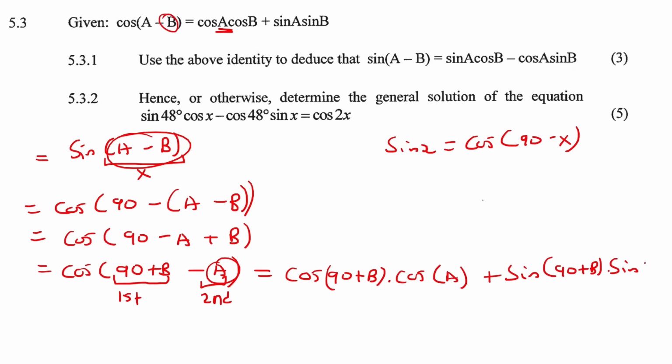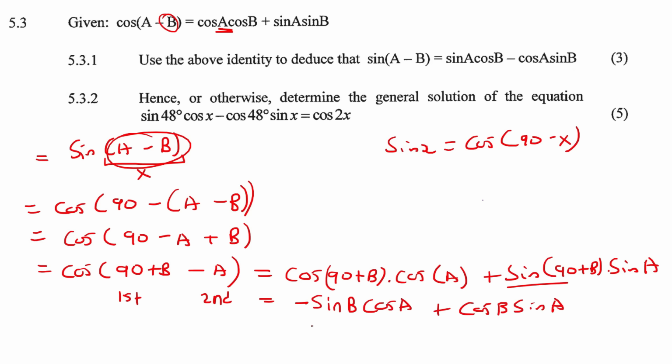Okay, now I know from cofunctions that cos of 90 plus becomes a negative sin. Sin of 90 plus just stays positive cos. Then I'm just going to switch the order around, so it's sin a cos b minus cos a sin b. And so there we've proved it.